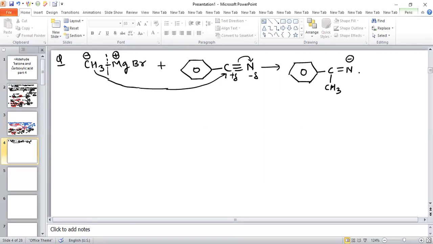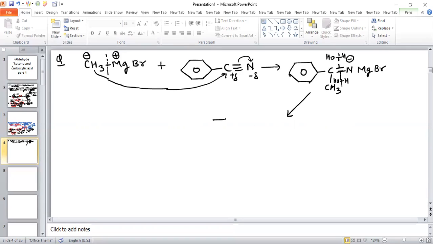So this MgBr gets attached on nitrogen. Now you can see this is C double bond N. So cleavage of the bond will take place in this way, so that there are two parts: one is an OH group and one is an H group. Again, there is an OH group and there is an H group.